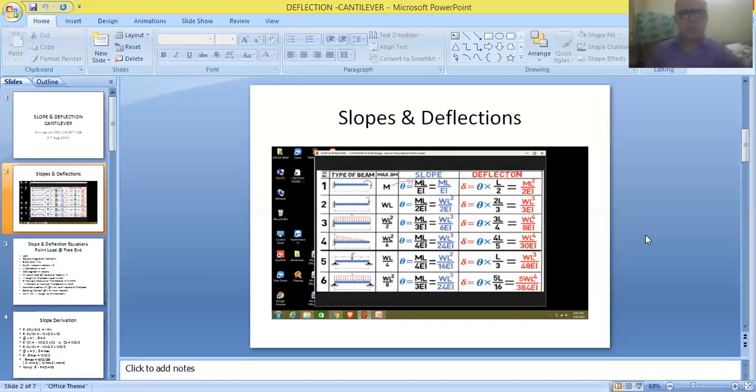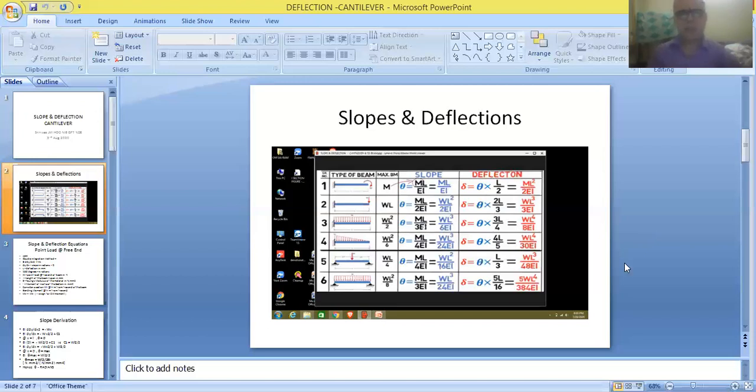So friends, these formulas are to be used for solving problems on point loads acting on cantilevers. These formulas are to be used for solving problems on UDLs acting on cantilevers.